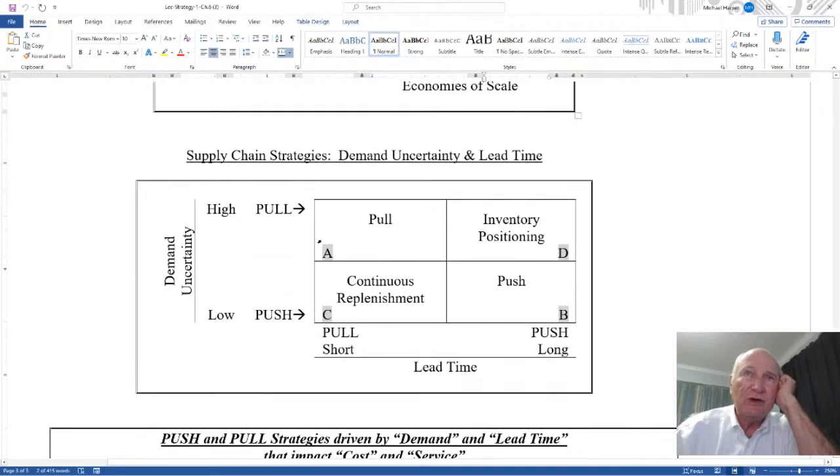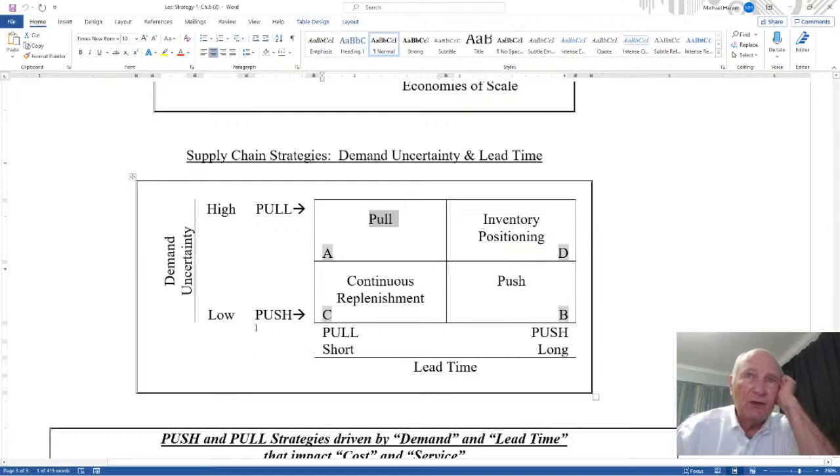Okay, but also you can talk about different demand uncertainties with lead time. And again, with a short lead time, that's a pull system. Okay, and so for high demand uncertainty, a short lead time, that's a pure pull.